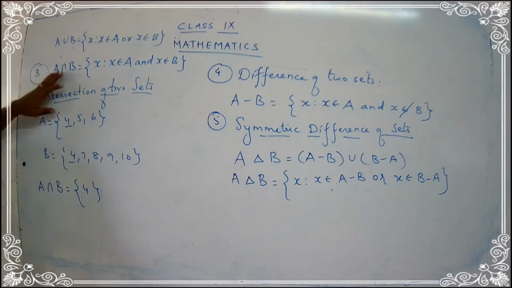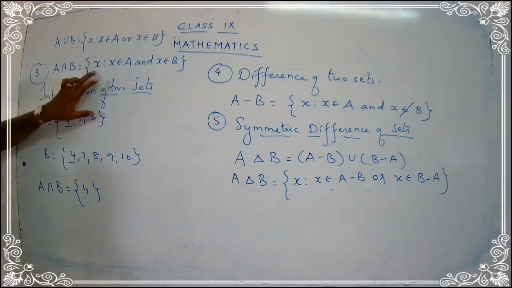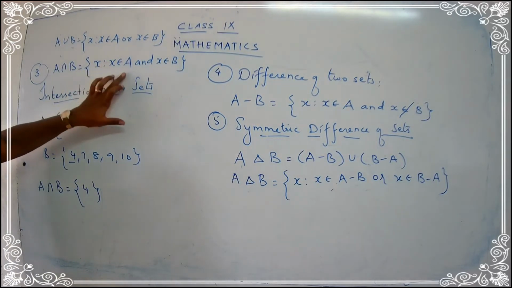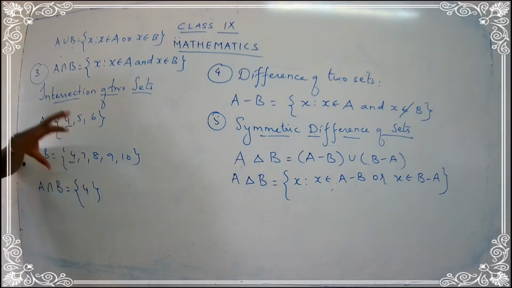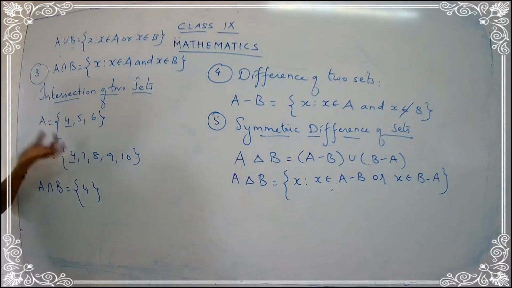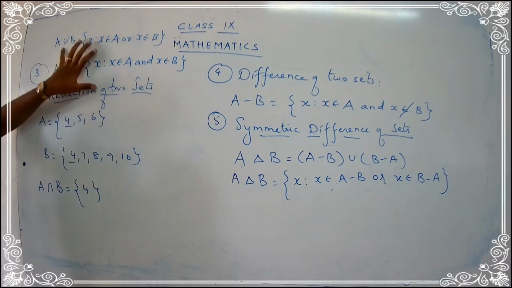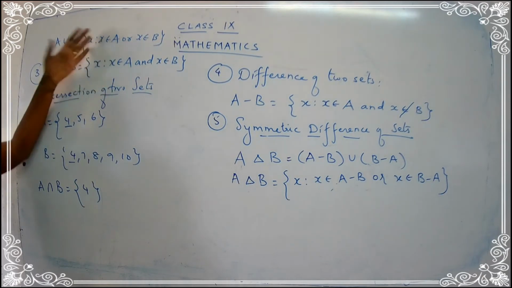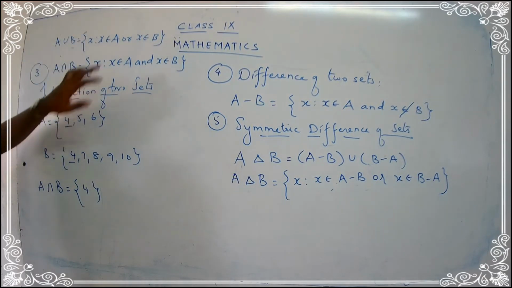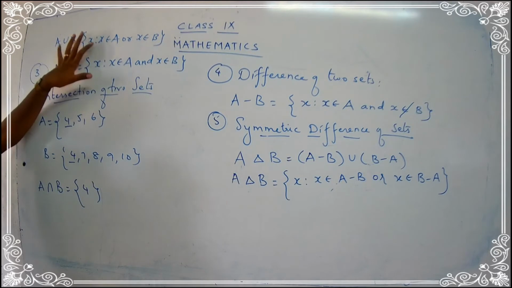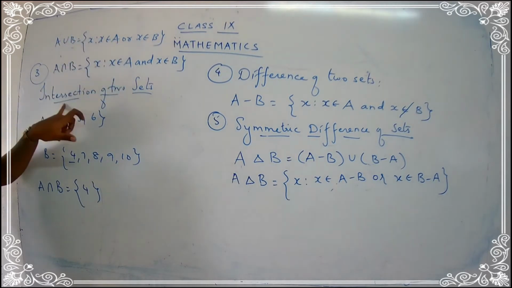So intersection means the element X should be present in A and in B. But for union, it can be present in A or it can be present in B. For union, OR comes, and for intersection, AND comes. Just keep this in your mind, children.